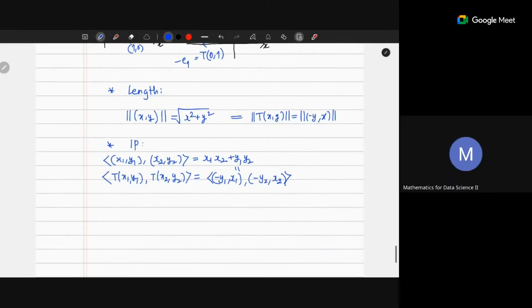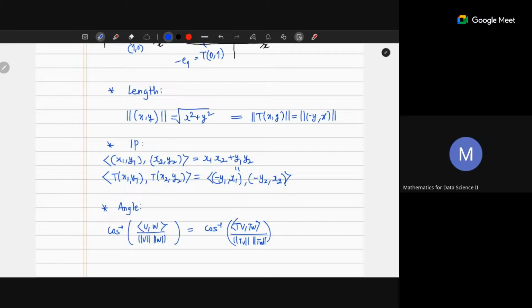So what you have noticed is that you can also calculate the angle as well. The angle is cos inverse of the inner product of the vectors divided by the product of the individual norms of the vectors. Now we have already seen that the inner product is the same and their norms are also the same, so their angles are also the same.